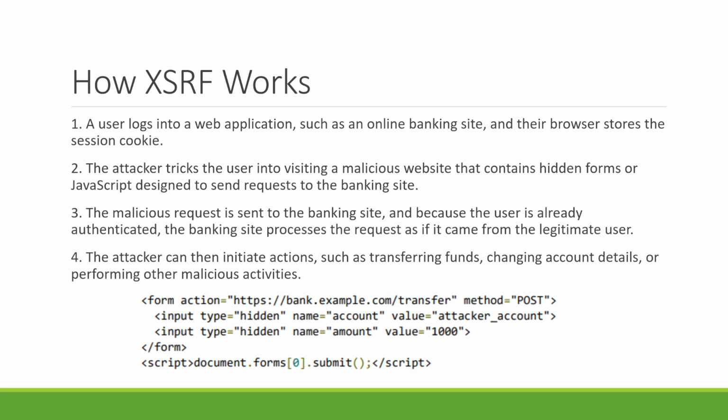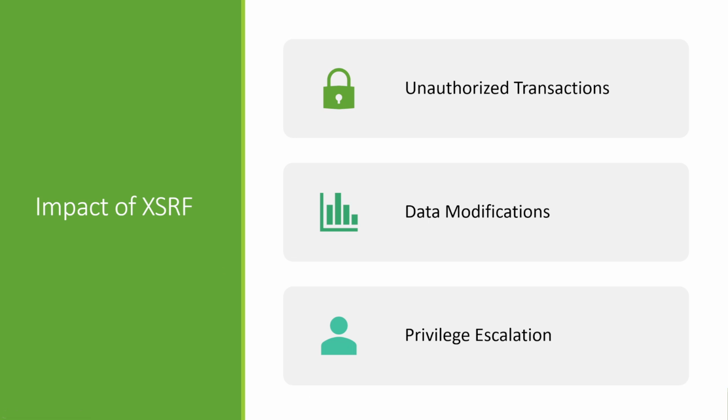So in the code, maybe we see a form action that's going to post to an account number and maybe transfer $1,000. Yay! Well, how do we see this? We can have unauthorized transactions, data modifications and privilege escalation.